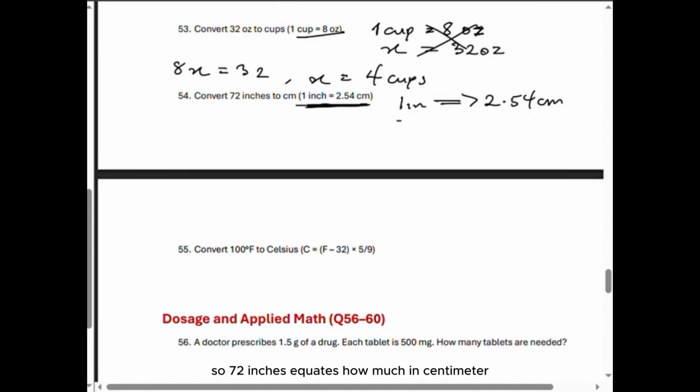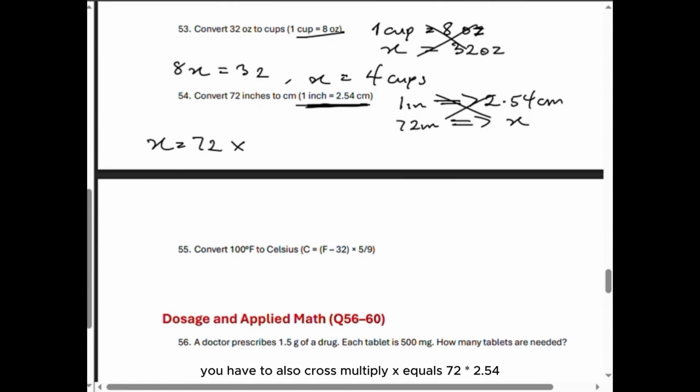So 72 inches equates to how much in centimeters? You also cross multiply. x equals 72 times 2.54, which equals 182.88 centimeters.